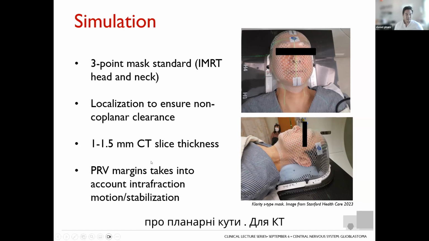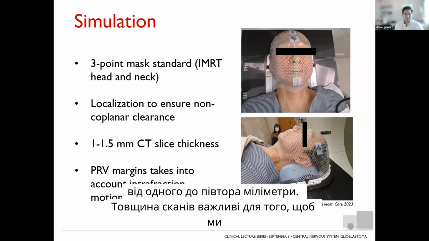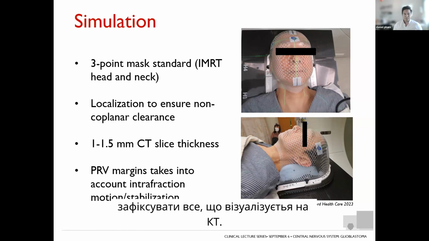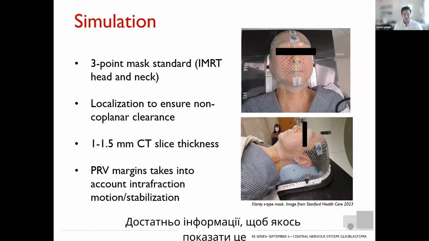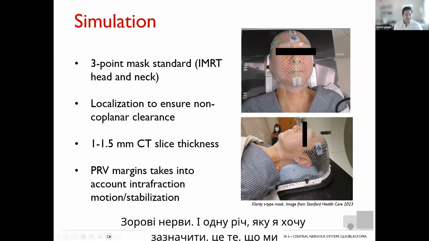For the CT itself, we tend to use a very fine slice thickness, anywhere between 1 to 1.5 mm. This is important to ensure that we have sufficient information on the CT to show the neuroanatomy such as the chiasm, cochleas, as well as the optic nerves.